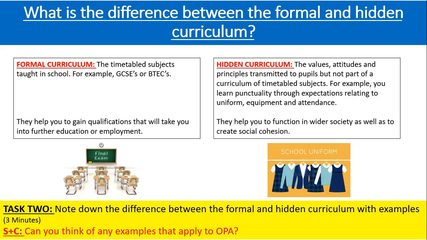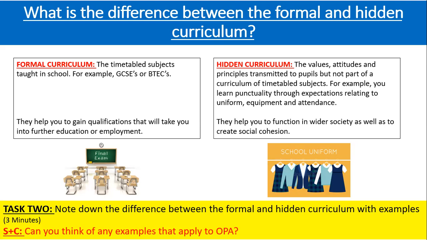And then there's the hidden curriculum, and that's the values, the attitudes, the principles, passed on, transmitted to pupils, but they're not necessarily part of the curriculum or a timetabled subject. So, for example, you might learn values like punctuality through expectations relating to your uniform, your equipment, your attendance, things like that.